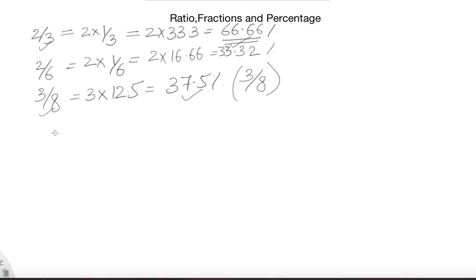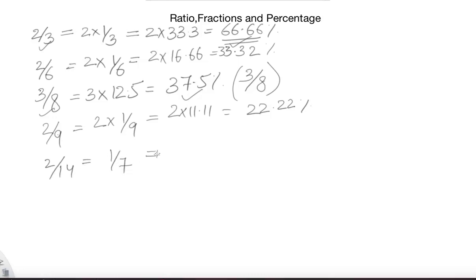So what is 2 by 9 then? 2 by 9 is again 2 into 1 by 9. 1 by 9 is 11.11. 2 into 11.11 is 22.22%. Suppose we need to find 2 by 14. 2 by 14 is nothing but 1 by 7. 1 by 7 is 14.28%. So this is how we'll approach converting fractions to the given percentages.